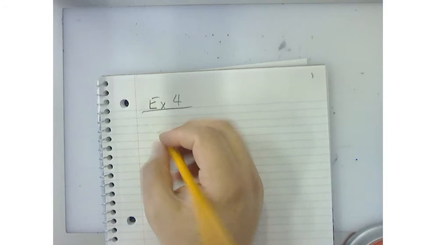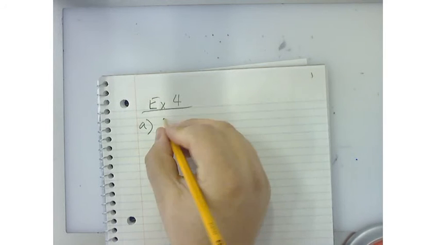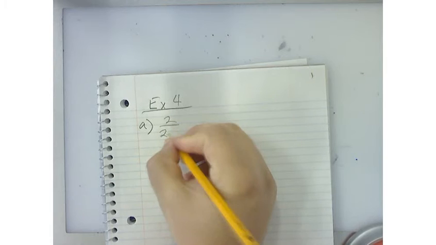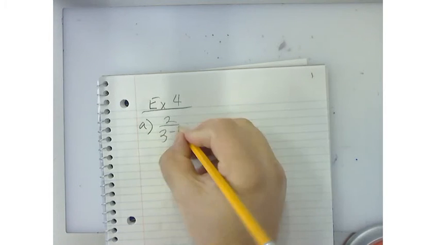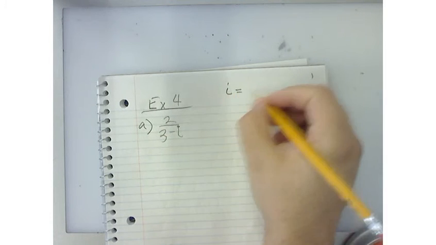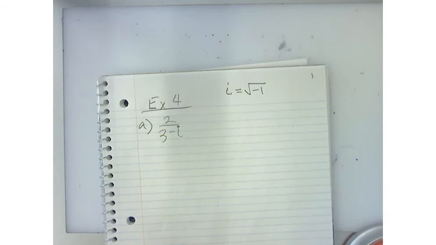Example number 4 gives us a problem that says 2 over 3 minus i. Now here's the thing. Remember that i is equal to the square root of -1. Can we have a square root on the bottom of a fraction?